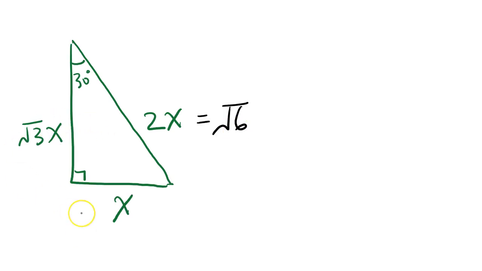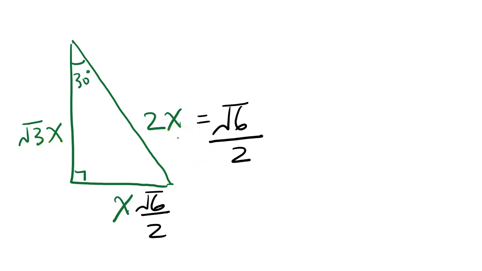So how do I find the other side? Well, this side is exactly half of this. So in order to find this side, we just immediately divide that by 2. So now we would have this. And this side is a little bit trickier, but we could just solve for x and then plug it back in, just like we did on the last problem.